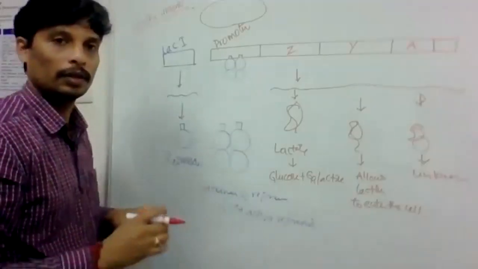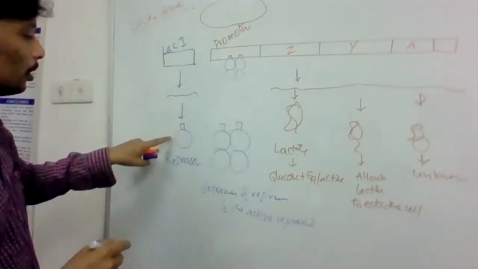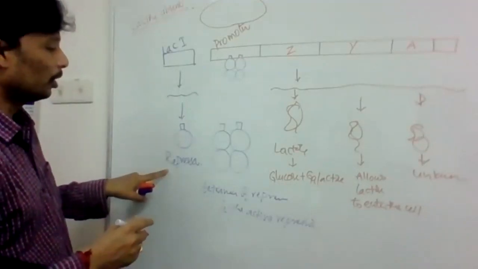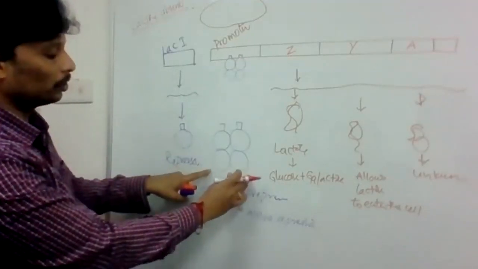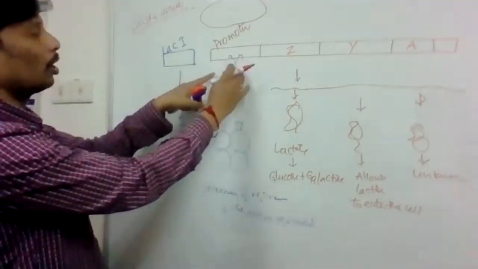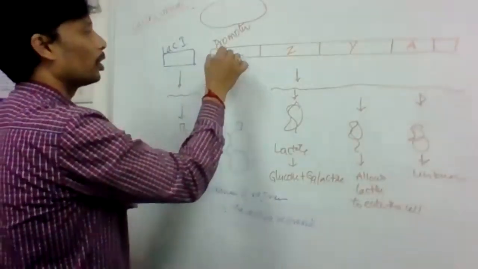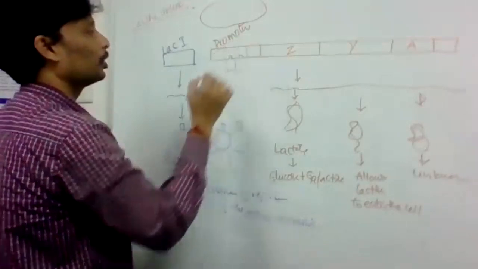It keeps expressing the small mRNA and keeps expressing the repressor protein as a tetramer, which acts as an active repressor and goes and blocks the promoter region. Usually we call the small region of the promoter the operator region.